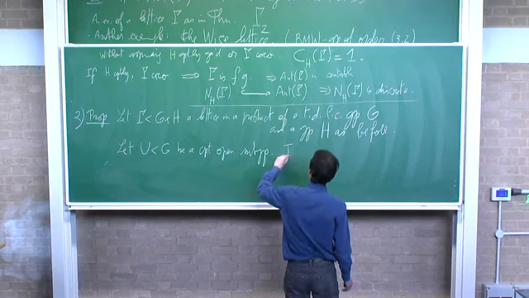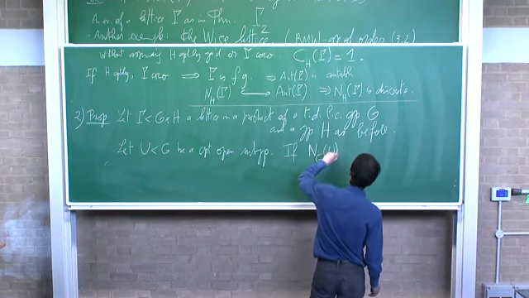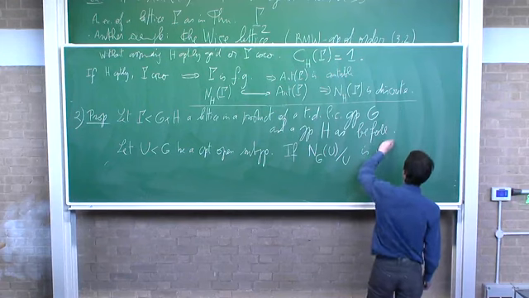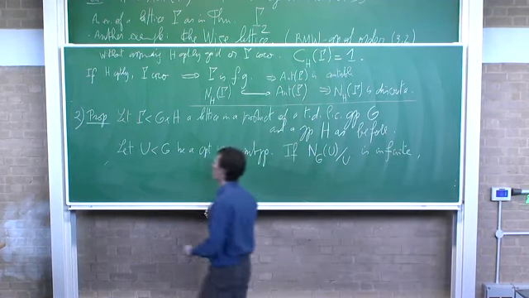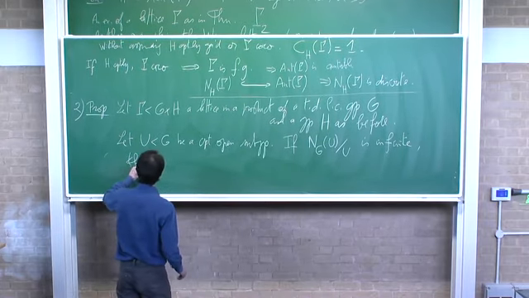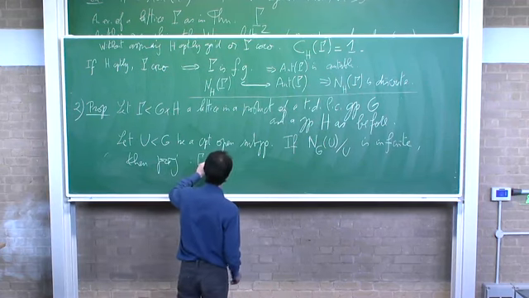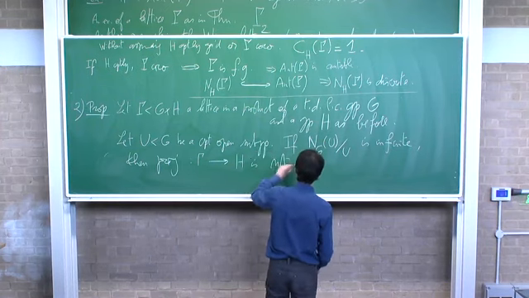Then if the normalizer in G of U over U is infinite, then the projection of gamma to H is not injective.